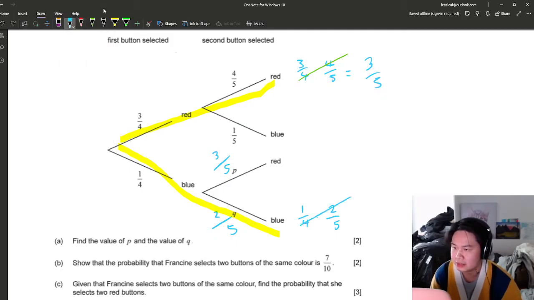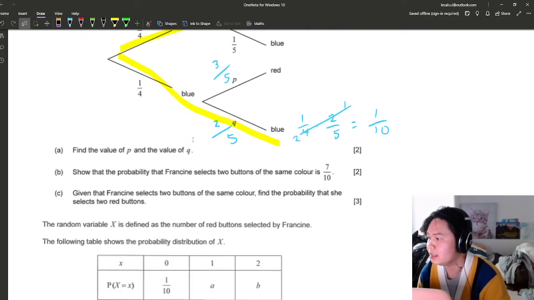These simplify, and that's a 2, so this is 1/10. So the probability of getting the same color is 3/5 plus 1/10, which is basically 6/10 plus 1/10, which is, as they said, 7/10.